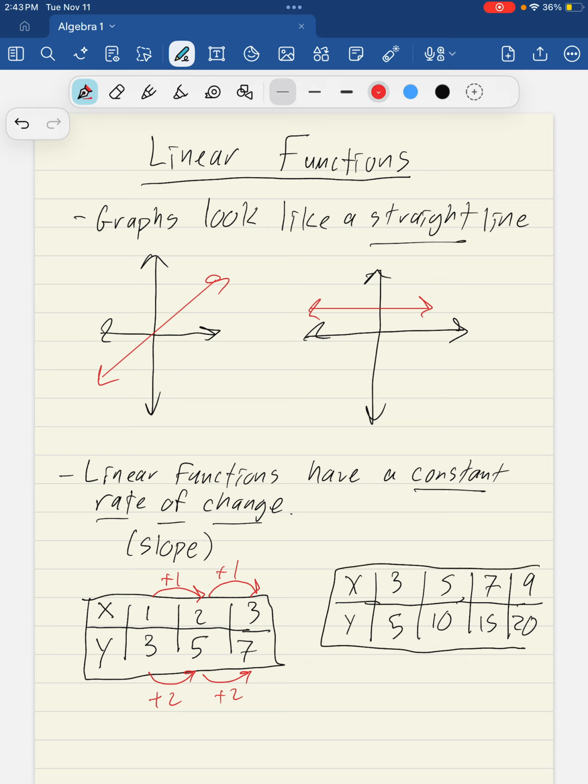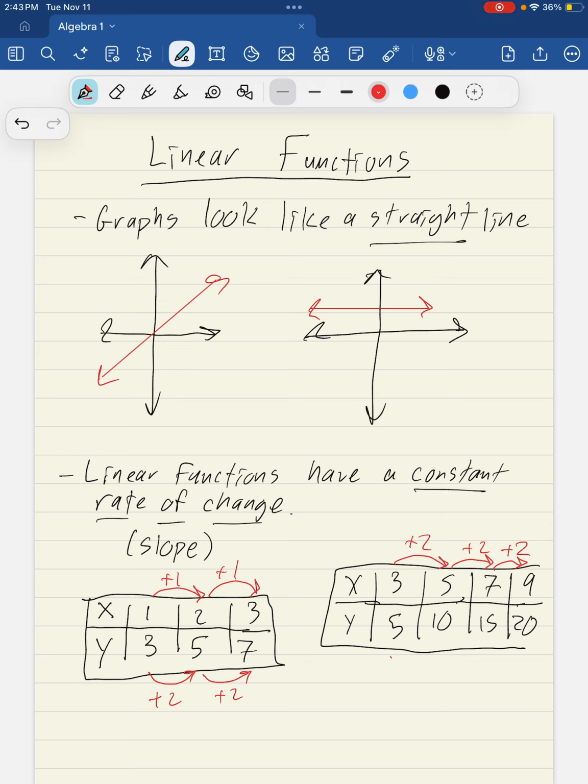What I'm going to do is ask, how do I jump from 3 to 5? What's the rate of change? Plus 2. All right, let's keep it going. 5 plus 2 is 7. Yep, and 7 plus 2 is 9. That's a 2. So our rate of change in the x's is constant.